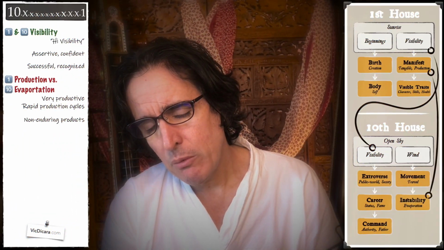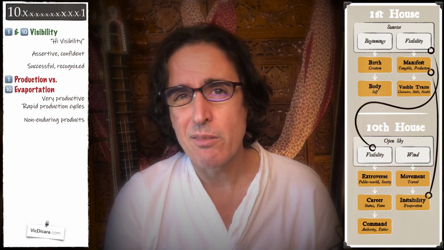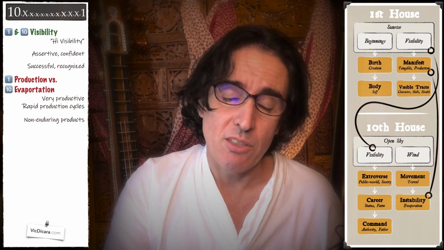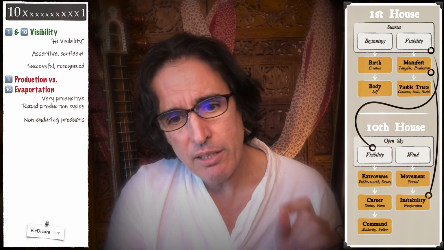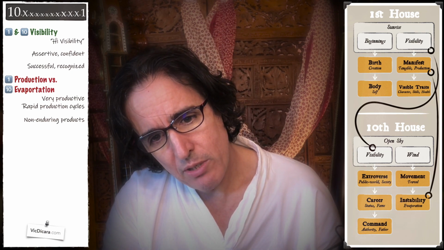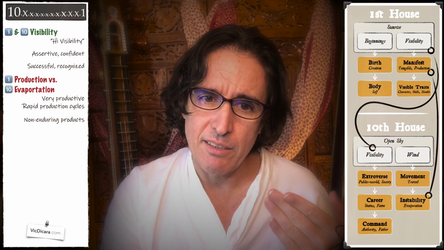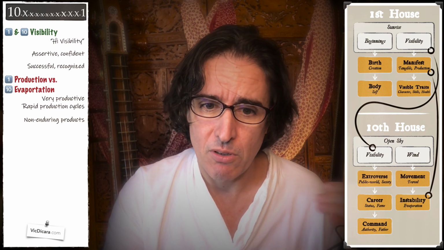Now, I want to say a word or two about the different variations on the ways that you can get connections between the first and the 10th house. So if you have the first lord going into the 10th house, it's going to highlight this dynamic differently than if the 10th lord goes into the first.